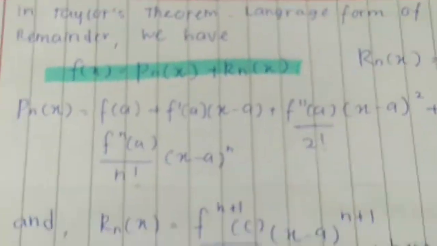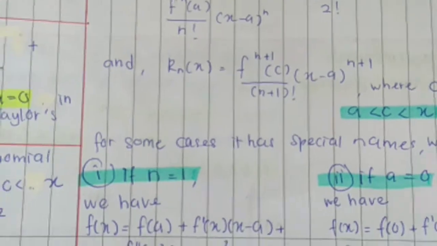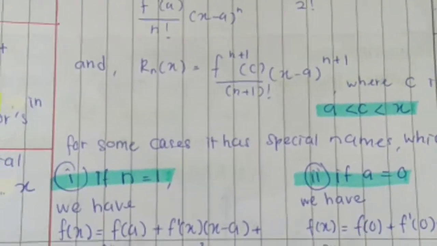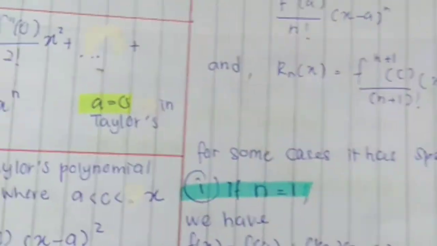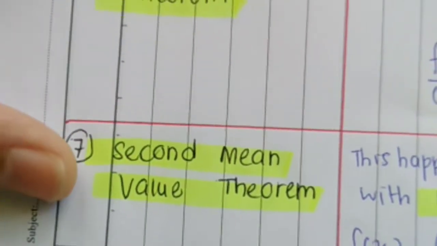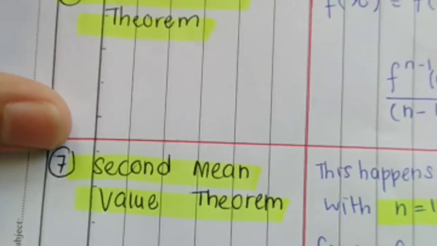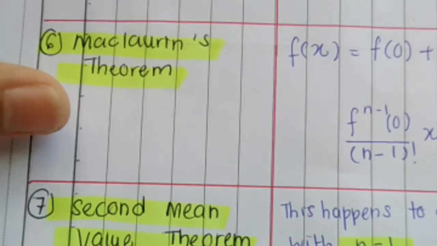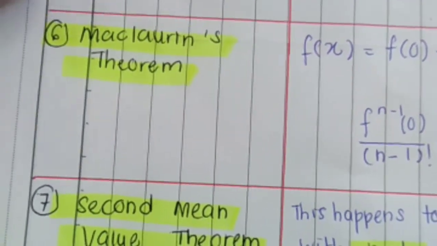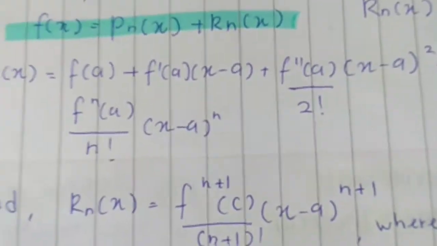Okay, this is the comparison between Taylor's theorem, Maclaurin's theorem, and the second mean value theorem. Actually, both Maclaurin's theorem and the second mean value theorem are special cases of Taylor's theorem. Okay, this is what I mean.